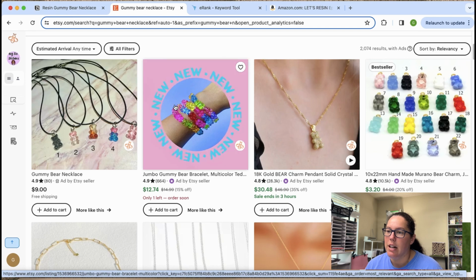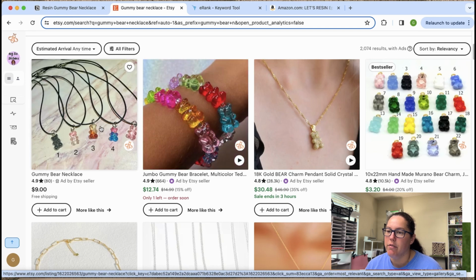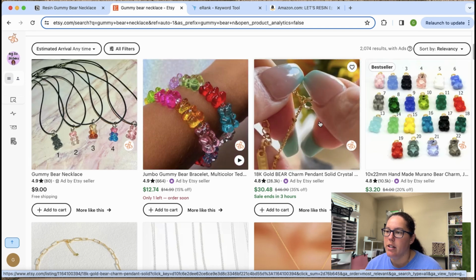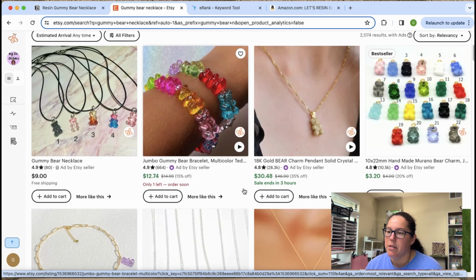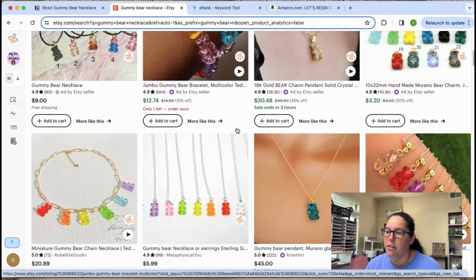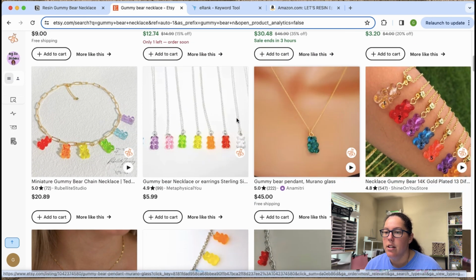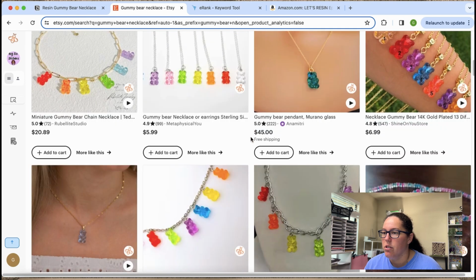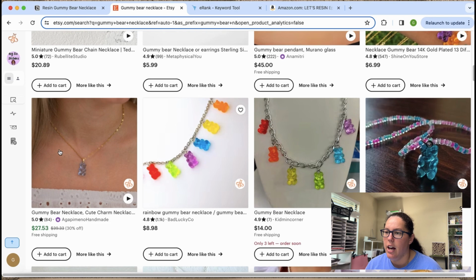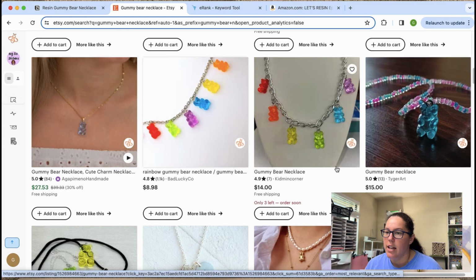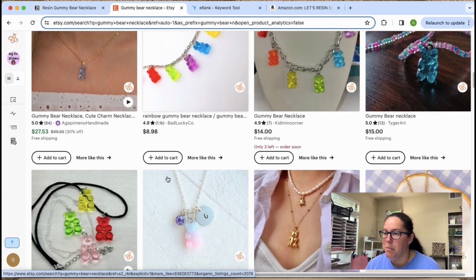That's a really cool graphic actually for the video, because when we hover over it, they should have videos, so you can see that this one's a really good one. So we're just getting inspo right now first. So silver, these kind of chains, gold, or we can do necklaces like these where it's several on a chain like that, or just a dangled pendant on a beaded chain.